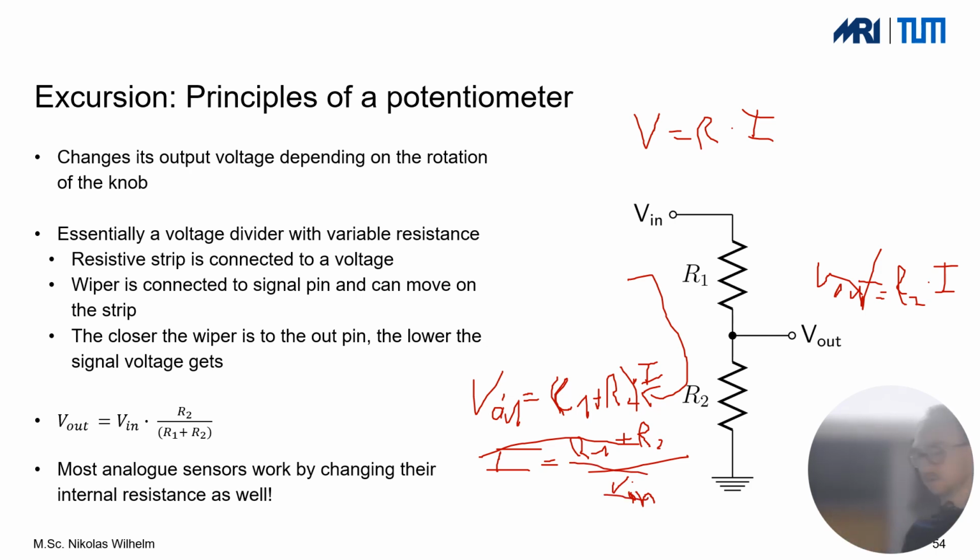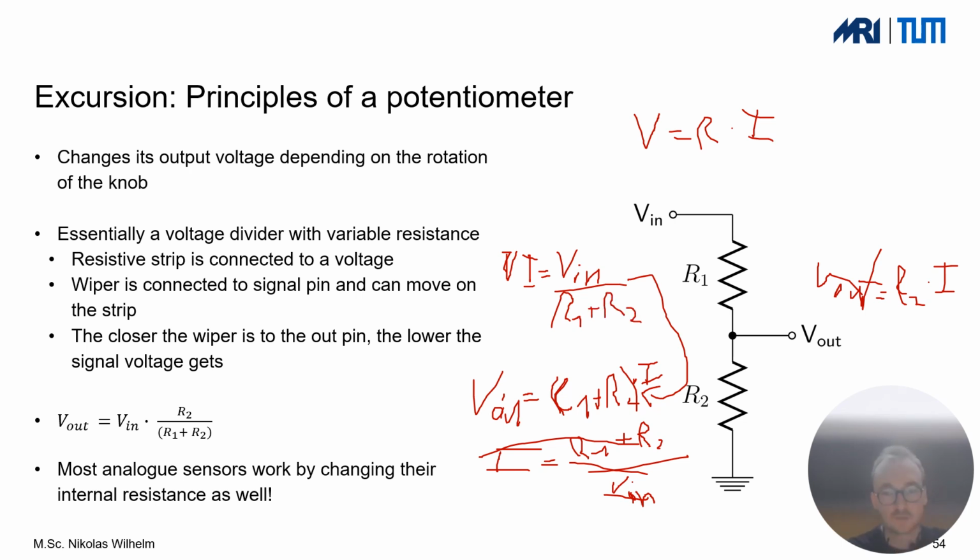So maybe I can write it above: I equals V in divided by R1 plus R2.